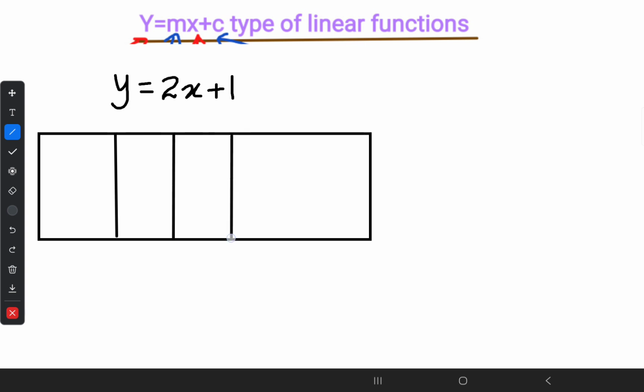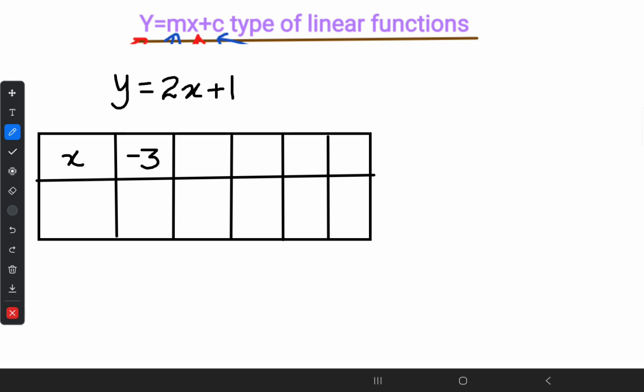Okay. Let's have a look how to find the y coordinates when the x coordinates were given. For that, I will give you the x coordinates as negative 2, negative 1, 0, 1 and 2. These are the given x values, because in the exam itself, the examiner will offer you the x variable.